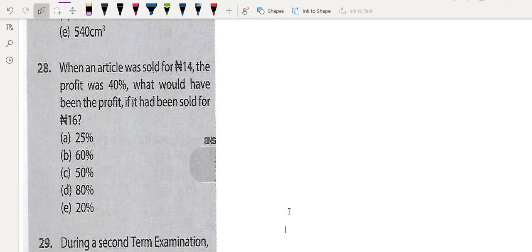What would have been the profit if it had been sold for 16 naira? 20 seconds. What's the answer?